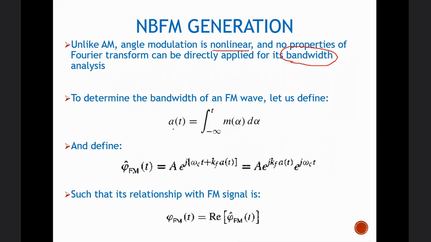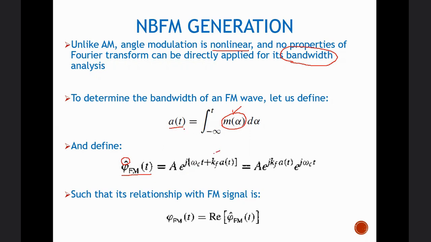Let's say we have a term a(t), which is a time varying quantity, and it is the integral of the signal m(t). So this is our message signal m(t), and its integral is equal to a(t). Now let's say we have an FM signal, φ_FM(t), equal to A e raised to the power j(ω_c t + k_f a(t)).